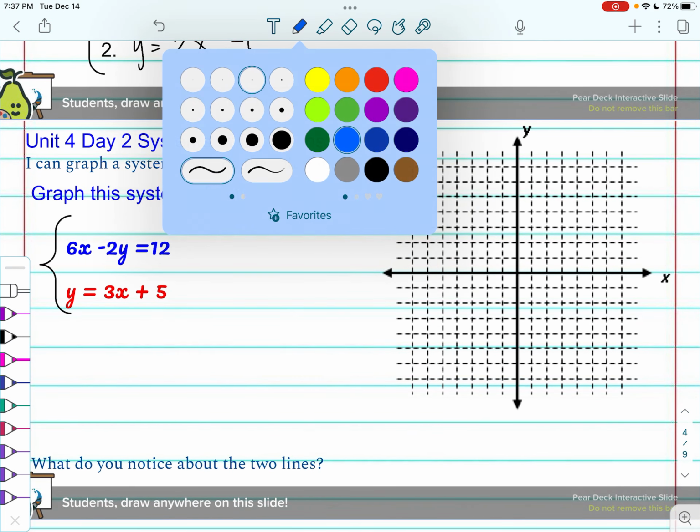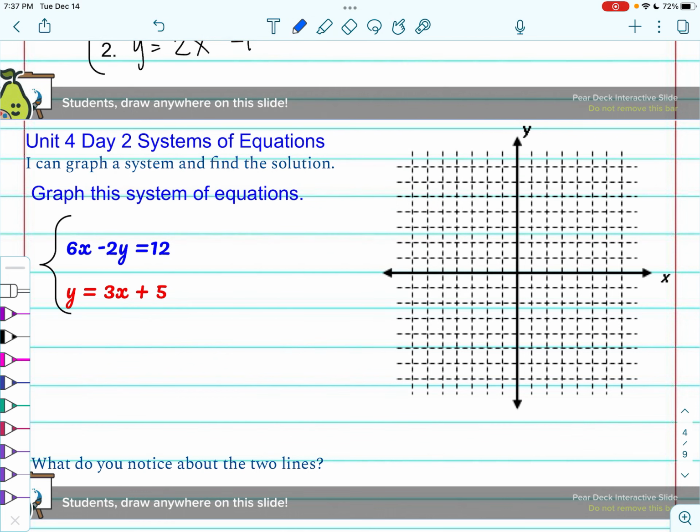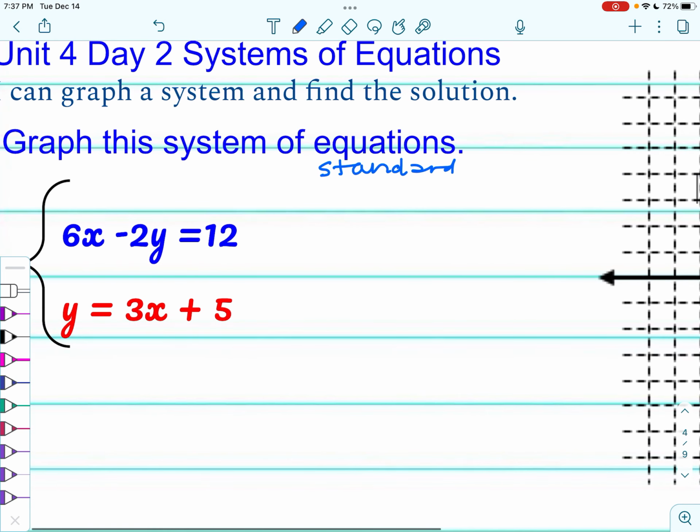Some of us are still struggling a little bit with graphing in standard form. Remember, in standard form, we can find the x and y intercepts. So I'm going to plug in 0 for x here. 6 times 0 minus 2y equals 12, this part goes away because 6 times 0 is 0.